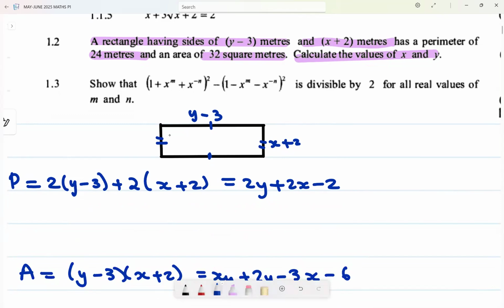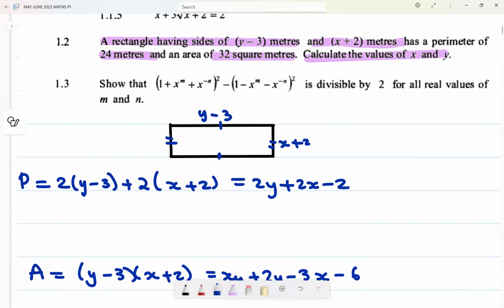But now I know the perimeter is also given as 24 meters. So I can say 2y plus 2x minus 2 is equal to 24.